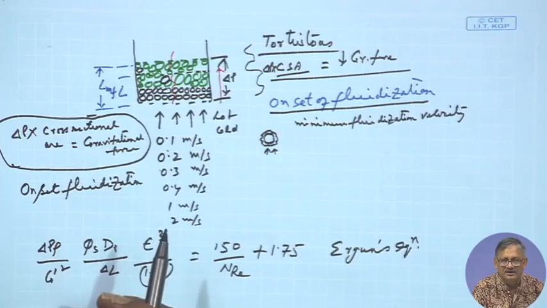It can also be said as dancing, as in the example I gave of the ping pong ball or table tennis ball on a jet of water, which you might have seen in many places. So, that situation, when the pressure drop multiplied by the cross sectional area equals the gravitational force, and the velocity is such that this condition holds good, is known as the onset of fluidization, right.